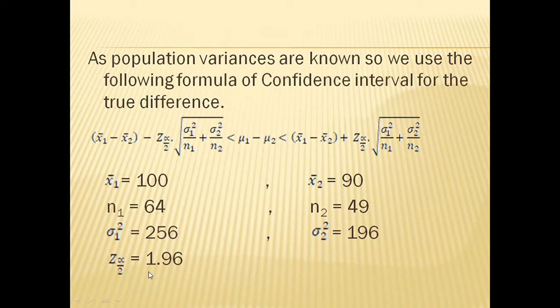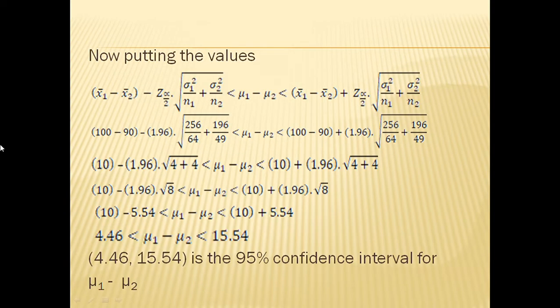We discussed the use of the z table in detail, so you can review the last lecture again for this. Now directly putting the values in this formula, we solve it accordingly.